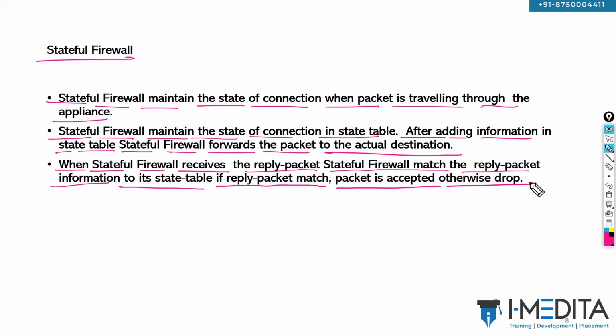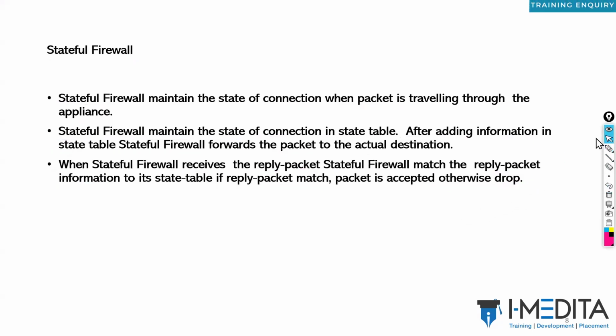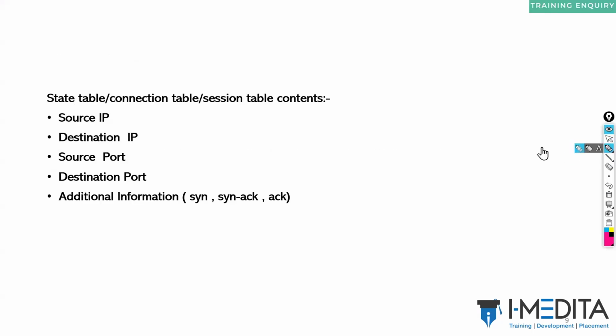As I told you, if your reply packet matches, then definitely the firewall will accept it, otherwise the packet will be dropped. When we talk about the state table, this table is called by different names by different vendors. Some call it state table, some call it session connection table, some call it session table.